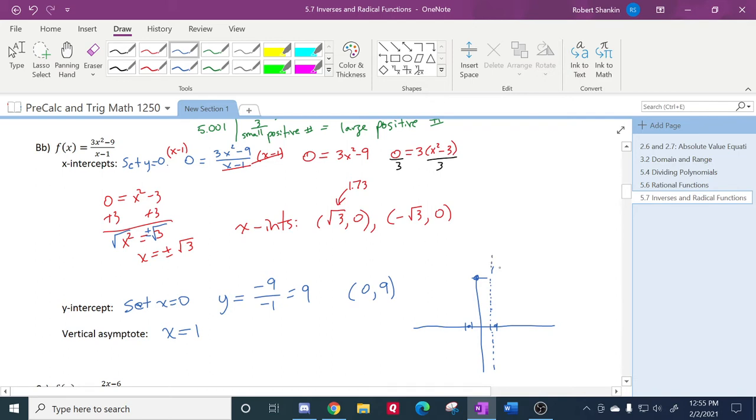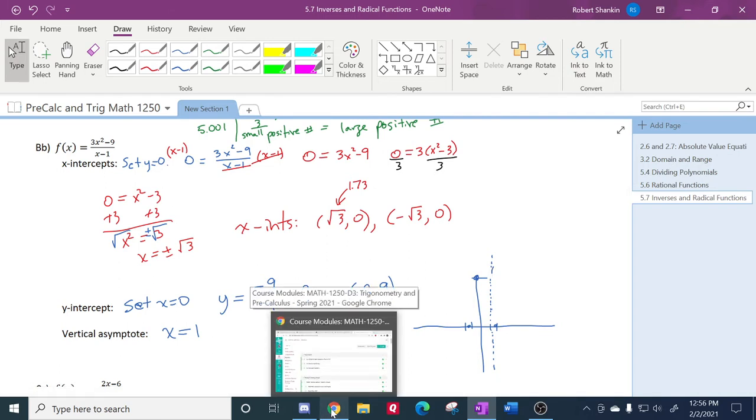Now, this one, too complicated for me to want to try to figure out what the graph looks like. But I could do this. Remember what it is, 3x squared minus 9 over x minus 1. I can go to any graphing utility to check what the graph looks like.